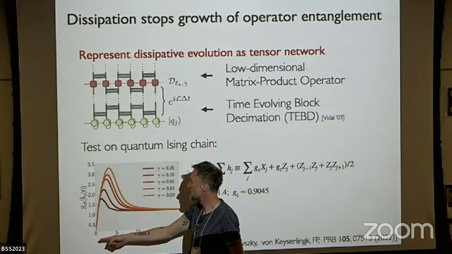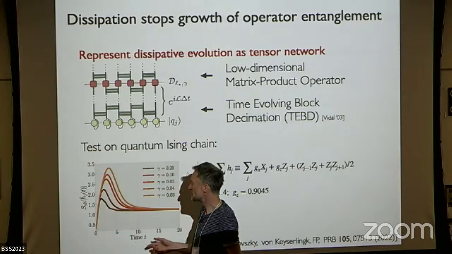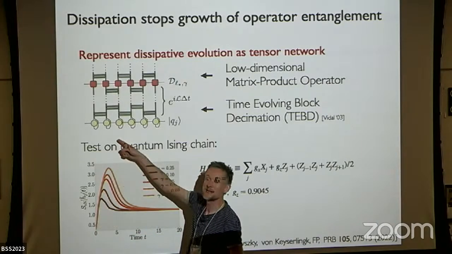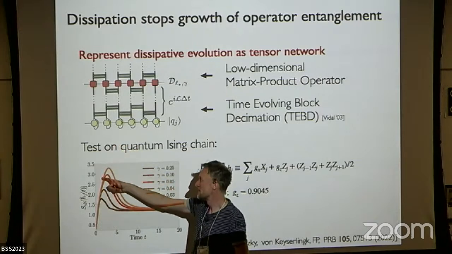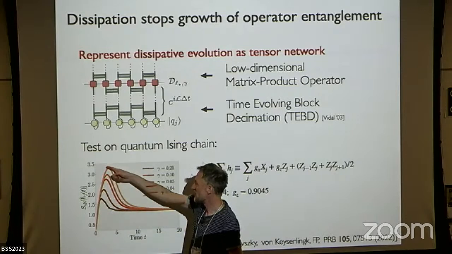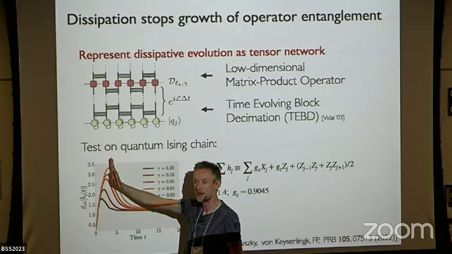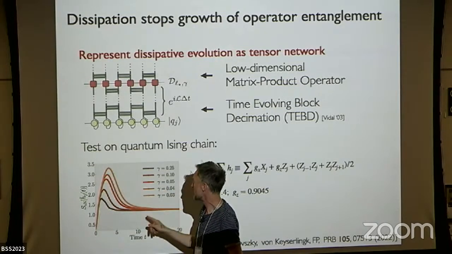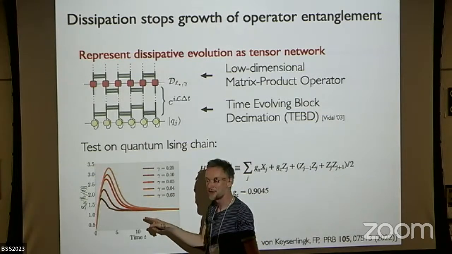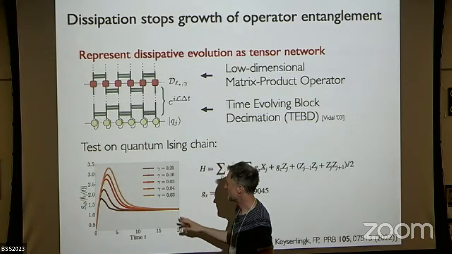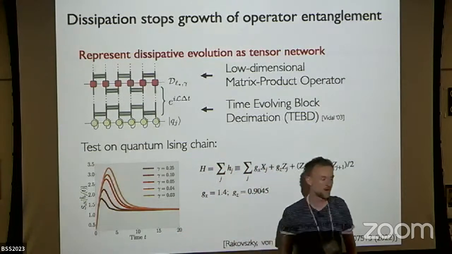If we do this simulation without dissipation, this would just keep growing linearly, and the bond dimension growing exponentially with that. So it would get incredibly hard. We couldn't go past this wall. But if we turn on the dissipation at certain rates, we see that it drops down and turns into a much simpler operator, which we can then represent with a small bond dimension.